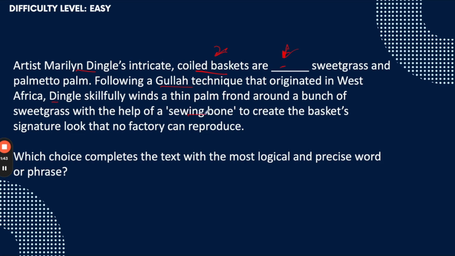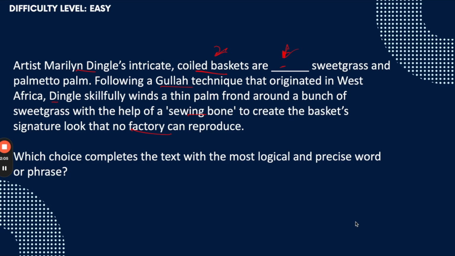The mention of sewing bone, and then the mention of signature look that no factory can reproduce, says something about the blank space. These keywords tell us that we are talking about MD's traditional basket making process, emphasizing that the work is handmade using natural materials and an old technique that cannot be reproduced by factories.